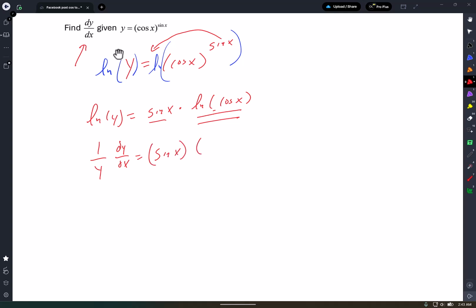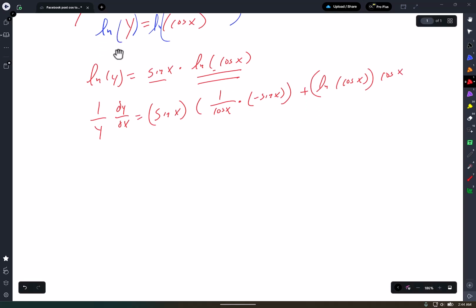So the derivative of the second here is an ln, so 1 over cosine x times the derivative of cosine x, you've got to do chain rule, which is negative sine x. So first times derivative of the second: 1 over cosine x times negative sine x, plus the second, ln of cosine x, times the derivative of the first, and the derivative of sine x is just cosine x.